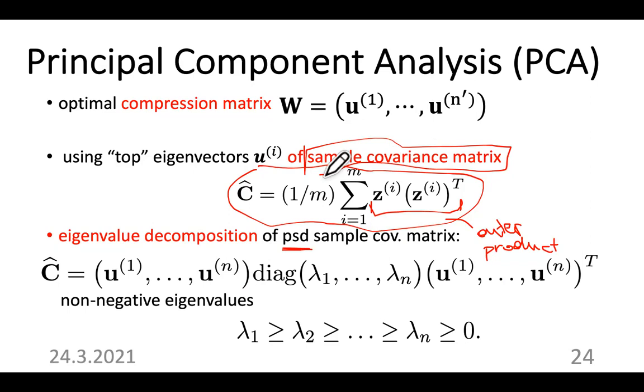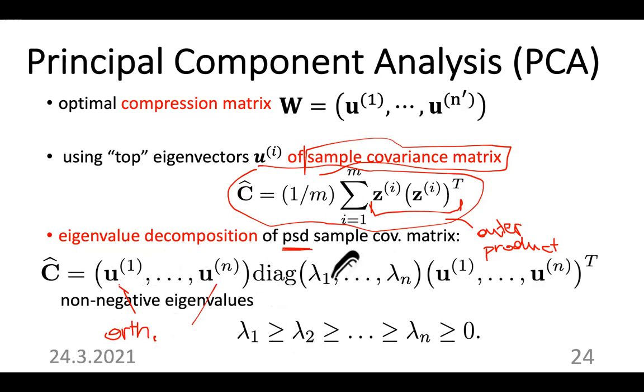One indicator of the nice behavior of PSD matrices is that they allow for an eigenvalue decomposition with orthonormal eigenvectors. So these eigenvectors here, U1 up till UN, are orthonormal. It's nice to work with them because they are orthogonal, so they don't influence each other that much in some sense. Also, the eigenvalues are real valued and non-negative.